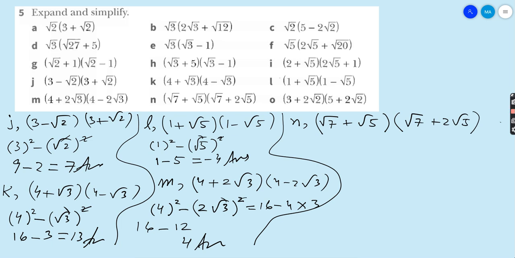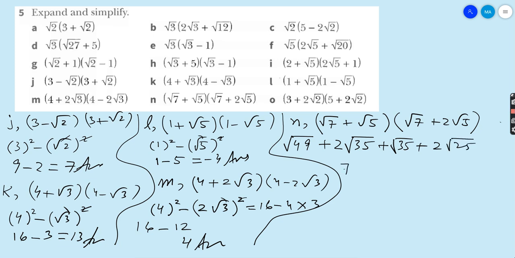This time we cannot apply the a plus b and a minus b formula. So we will multiply like ordinary multiplication. Root 7 into root 7 is root 49, and root 7 into 2 root 5, 5 7s are 35, root 35. Root 5 into root 7 is root 35, and root 5 into 2 root 5 is 2, 5 5s are 25.